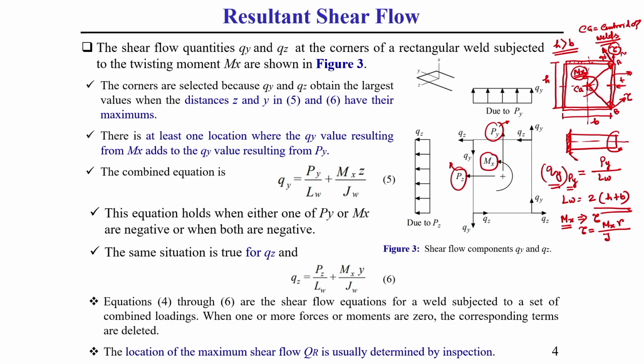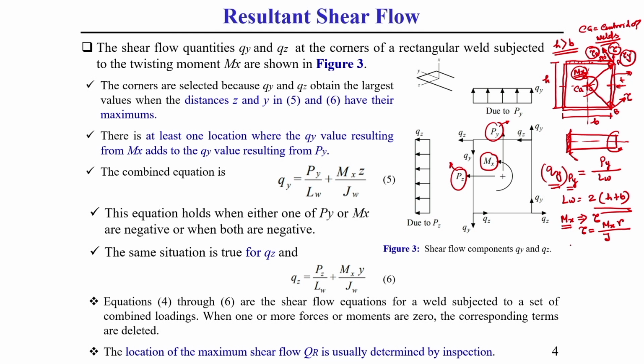One is tau y, another will be along z direction, that will be tau z. So, tau can be divided into two components, which you can very easily find out: one is tau y, another is tau z. The y component will act along y direction and the z component will act along z direction.